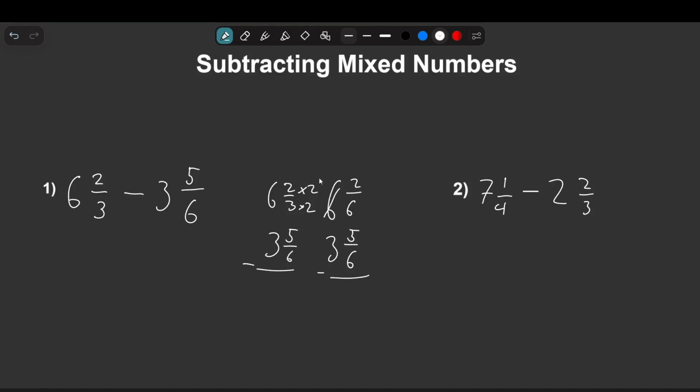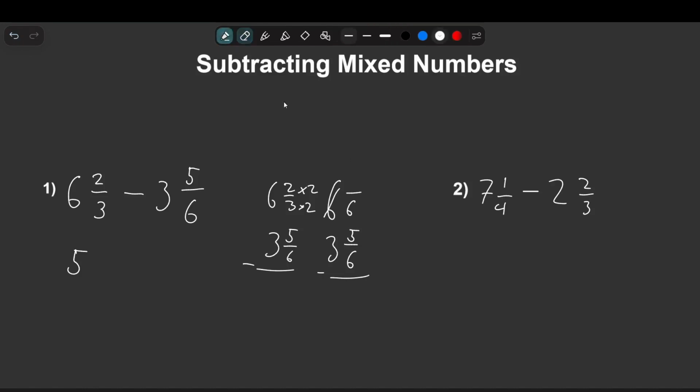So let's go over to the left over here where we have enough space. So it will turn into a 5. Now, because one whole number is 6, we are going to add 6 to the 2. Oh, my bad, guys. After a bit of looking, I was a bit confused.